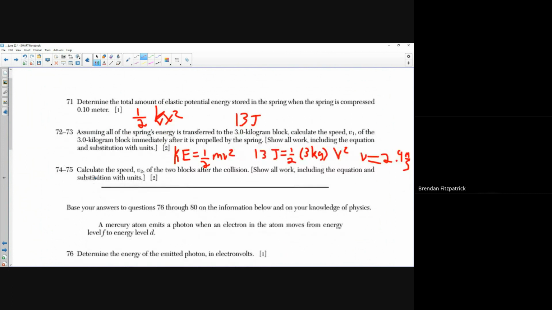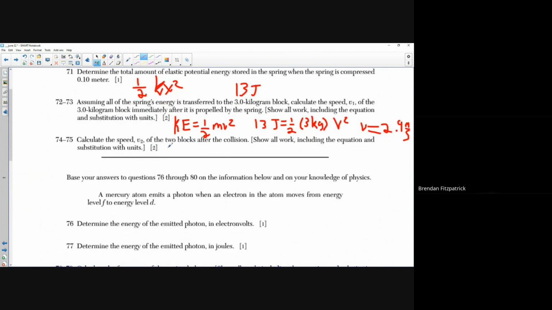Cool. 75, calculate the speed of the blocks after the collision. Pi equals Pf, the momentum before equals the momentum after. So the momentum before is just the 3 kilogram block going at 2.9 meters per second. And then after the collision, they stick together.